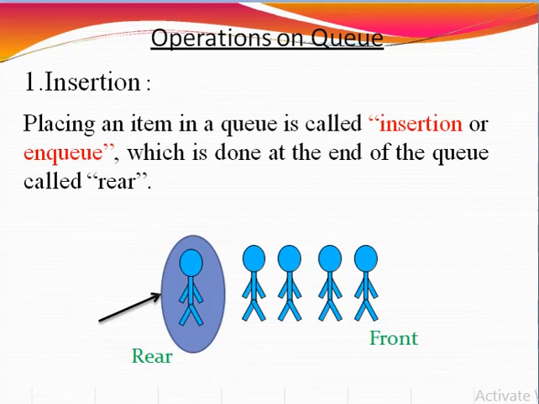A new element may be inserted from the rear end, and an existing element may be removed from the front end. The enqueue operation is used to store or add an element into the queue, and the dequeue operation is used to remove or access an element from the queue.